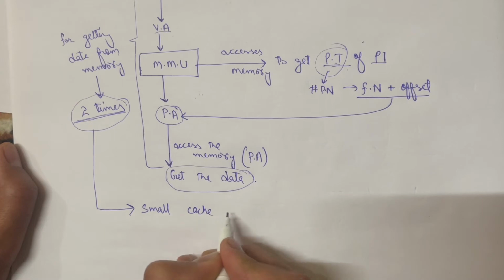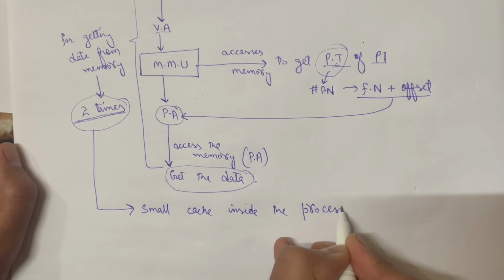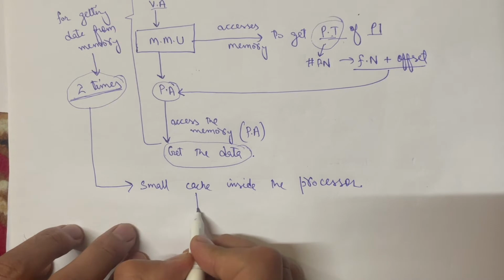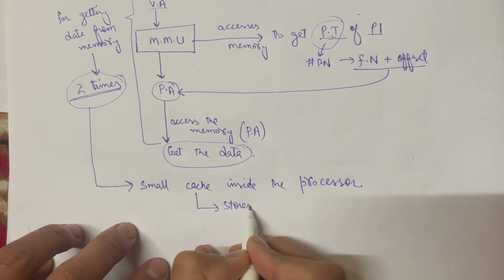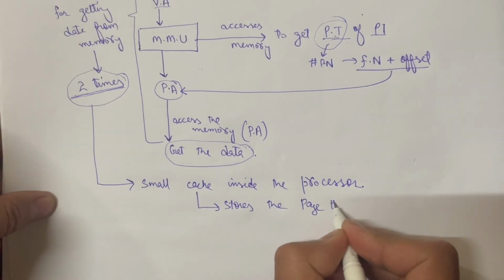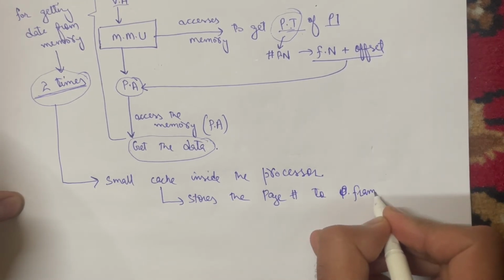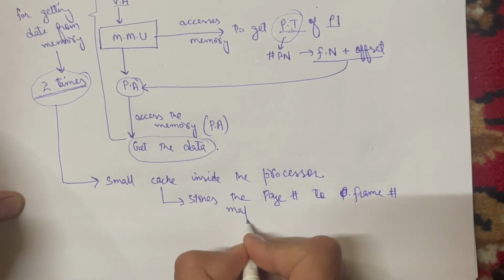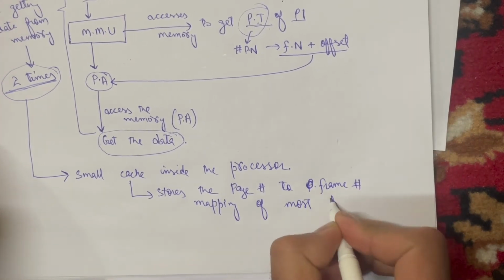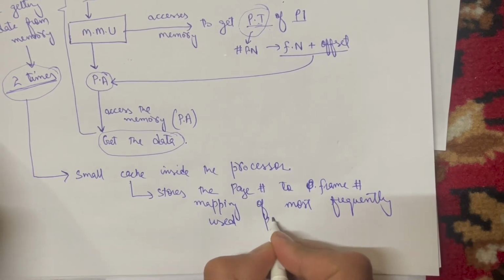cache inside the processor, and that particular cache is a special cache. Special cache here means that this cache stores the page number to frame number mapping of the most frequently used pages.